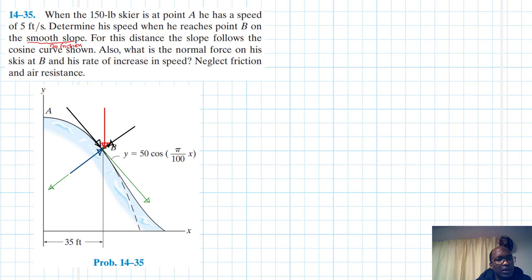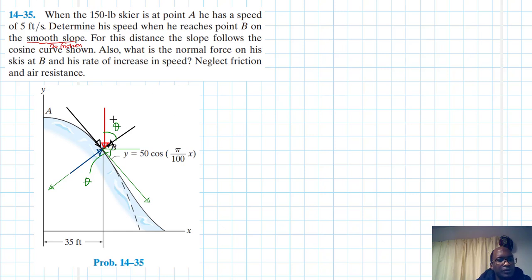And then let me show the angle. We do have the angle somewhere there. Let's call this one theta. So if this is theta, this becomes 90 minus theta, then this one is theta.